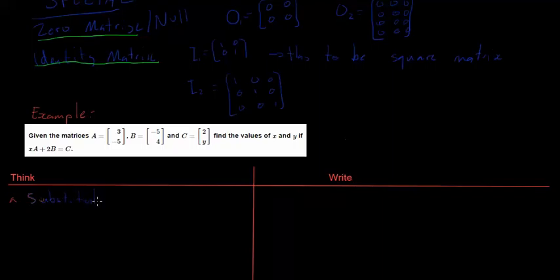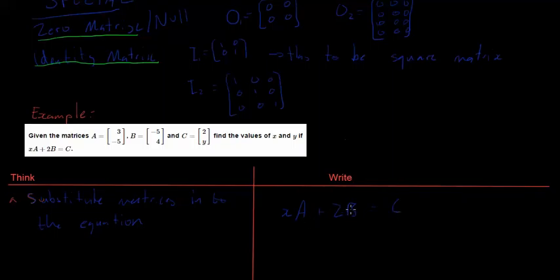substitute matrices into the equation. So here we've got our equation, which is x times a plus 2b is equal to c.